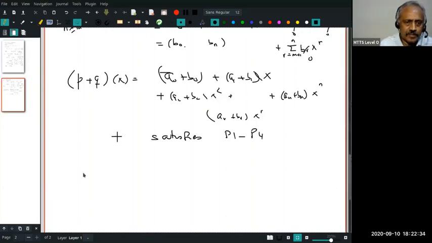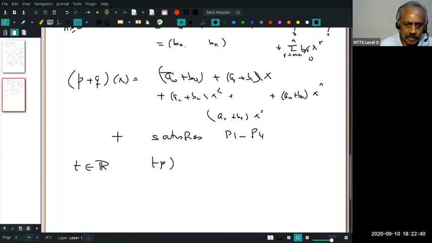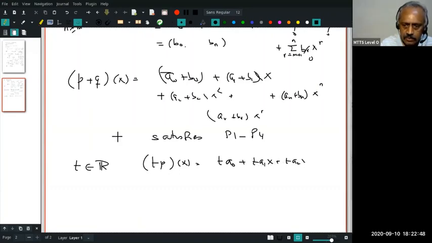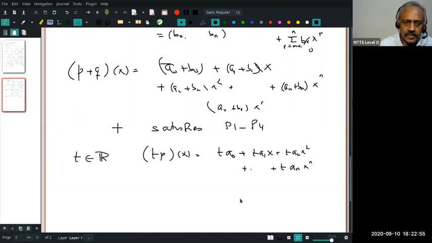Now, what is scalar multiplication? That's also easy. Suppose t is a real scalar, then t times p must be a polynomial in x. This is t times a0 plus t times a1x plus t times a2x squared, and so on, plus t times an x^n.